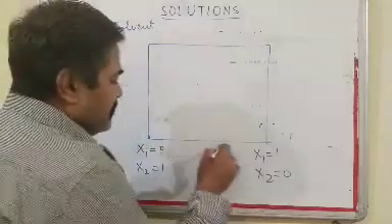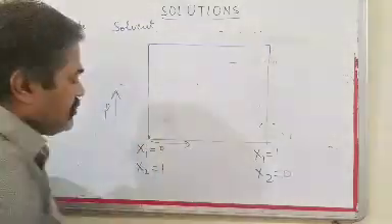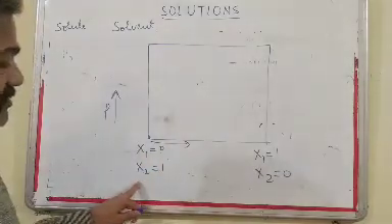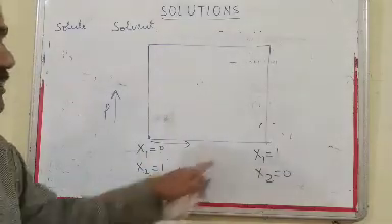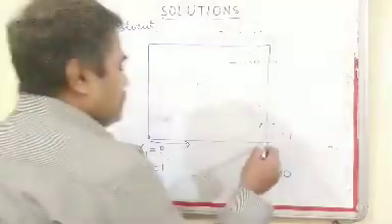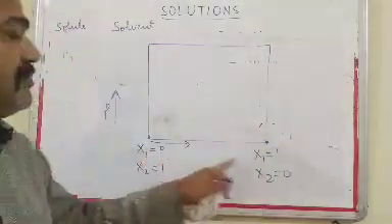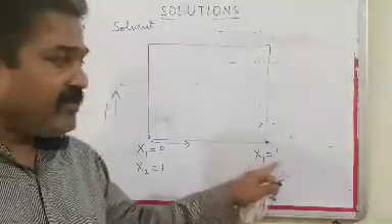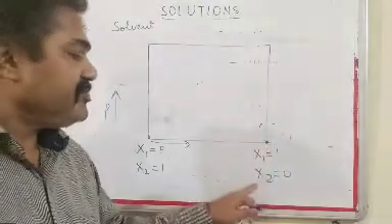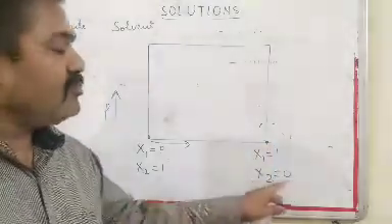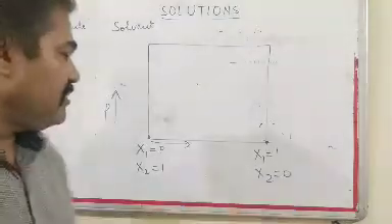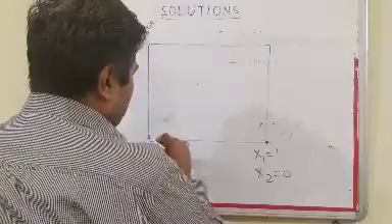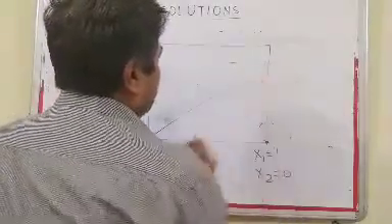When we go in this way, the value of X1 increases, simultaneously the value of X2 decreases. Here when we reach this point the value of X1 is maximum. X1 is the mole fraction of the solvent, means here only solvent is present, and X2 is 0 means no solute is present. Okay. So suppose this is a graph like this.